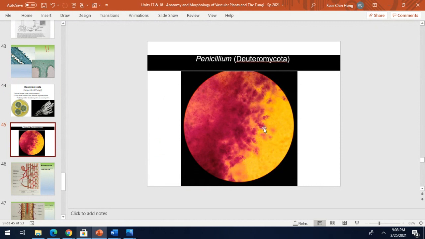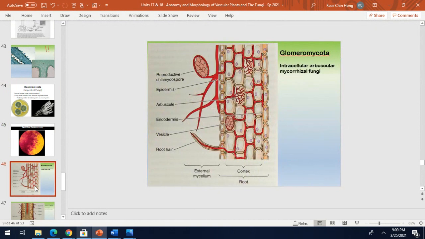And here, if you make it bigger, you'll see the paintbrush-like structure. But I didn't make it that big because it will take up the whole screen and you can't see the other structures of the mycelium of the Deuteromycota. All right. So now let us talk about the other group of fungi, Glomeromycota. So here we have the mycorrhizals, which have this symbiotic relationship with the roots of plants.